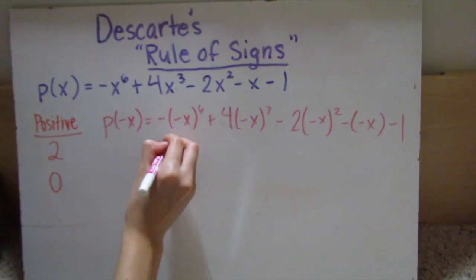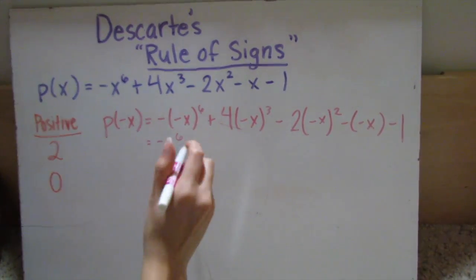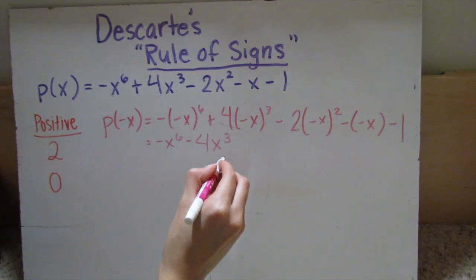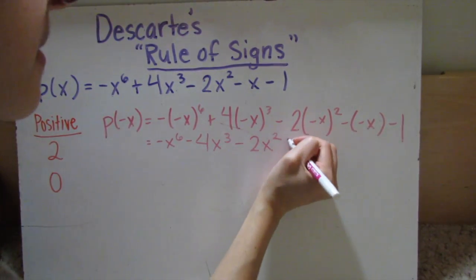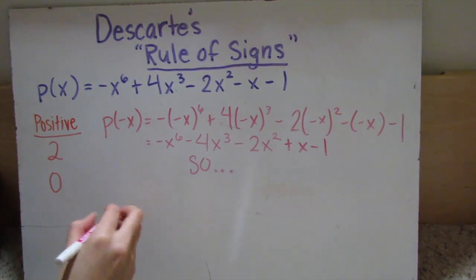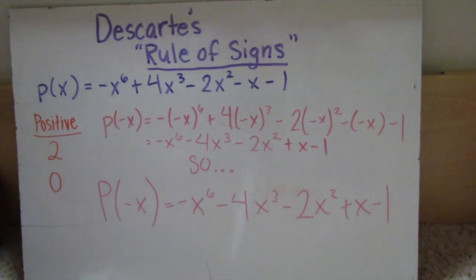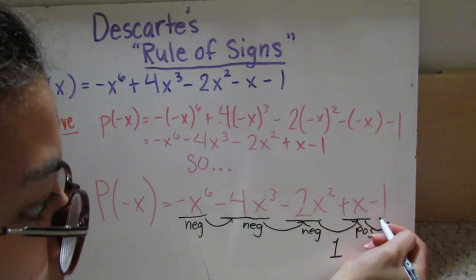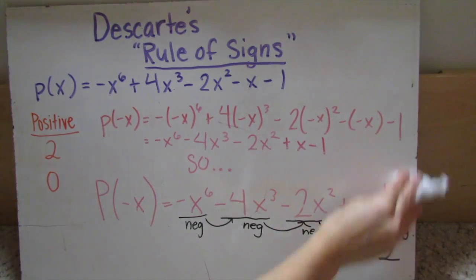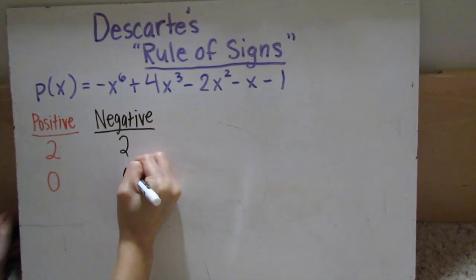So for example, on the first term, the negative x to the 6th power is positive, but it's being multiplied times a negative on the outside, so it remains negative x to the 6th power. You continue to do this throughout the entire equation in order to figure out your signs for the p of negative x function. Once you have the p of negative x function, count the number of sign changes just like you did for the positive one, and that will give you the number of negative real zeros.